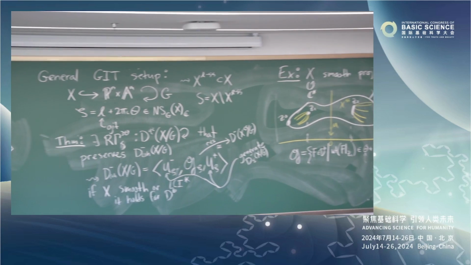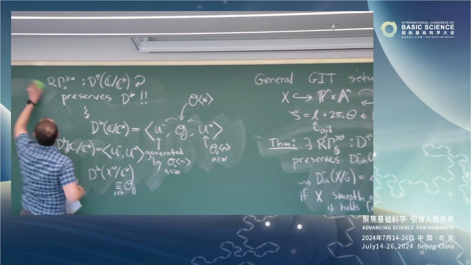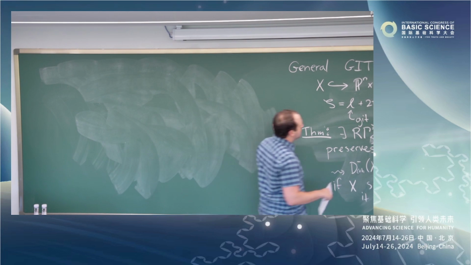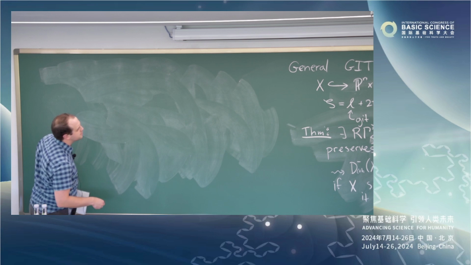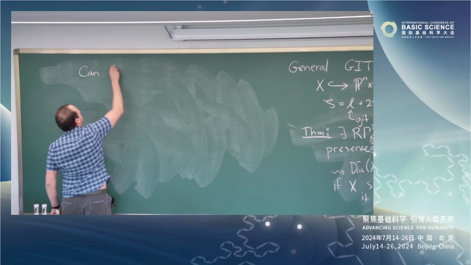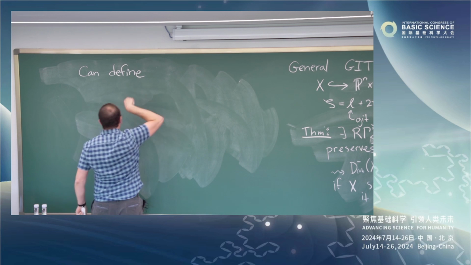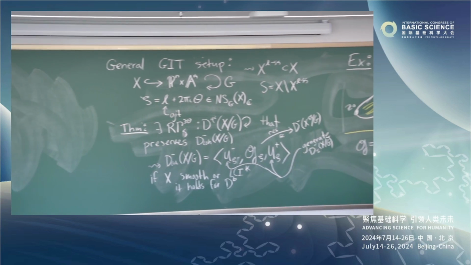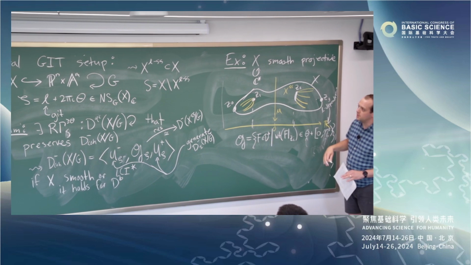Okay, so basically what you could do, in this situation, is you can define... I'm going to tell you about various things you can do with this theorem in this setting, and they generalize to the more general situation.